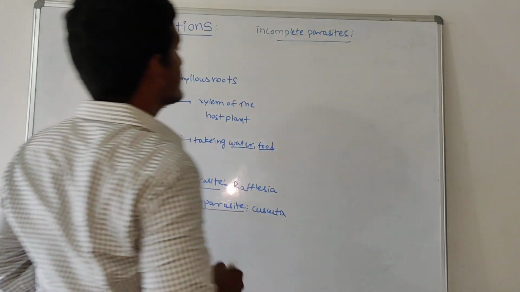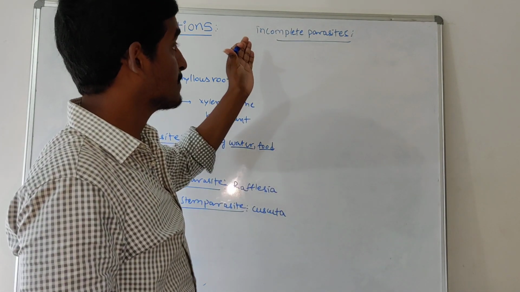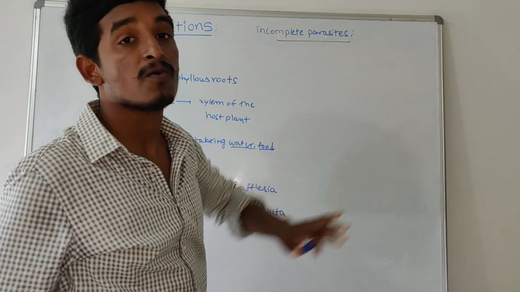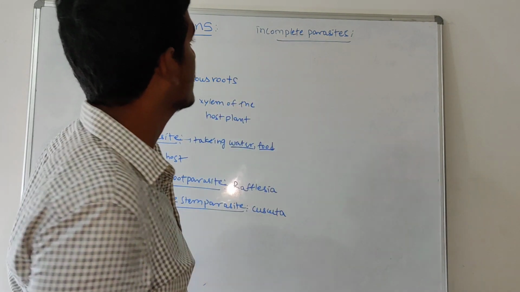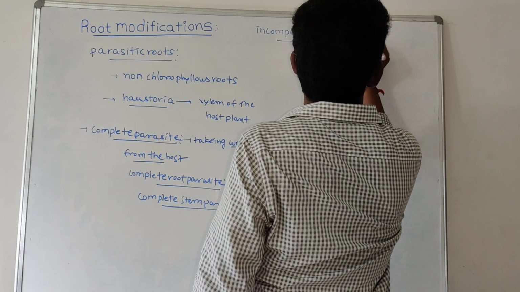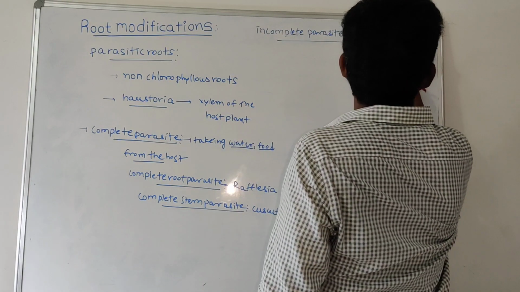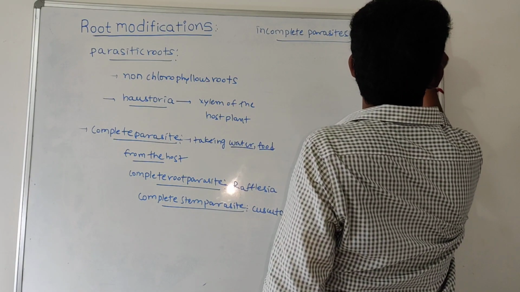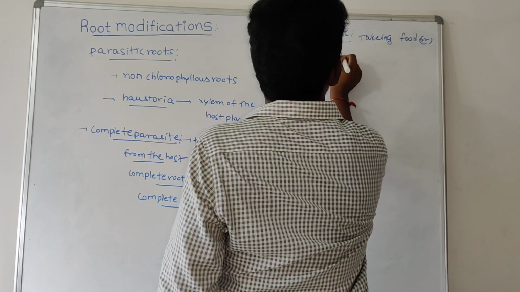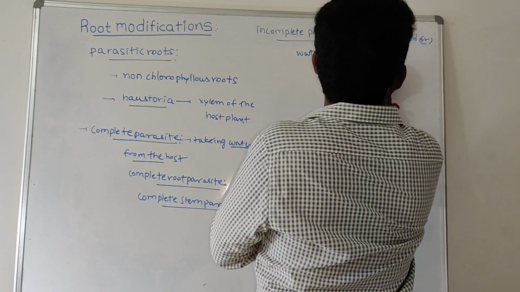Incomplete parasites depend on the host organism for the purpose of taking either food or water. It is taking only one of them, so that's why we call them incomplete parasites: food or water from the host plant.